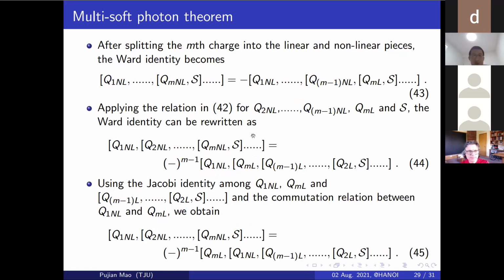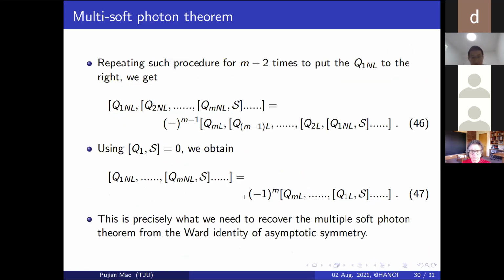And again, we start from the Ward identity and use equation 42. You get equation 44, and basically the next step is to put the small numbers to the very right and large numbers to the left, and also you need to repeat the procedure m times to get this final result here in this way.